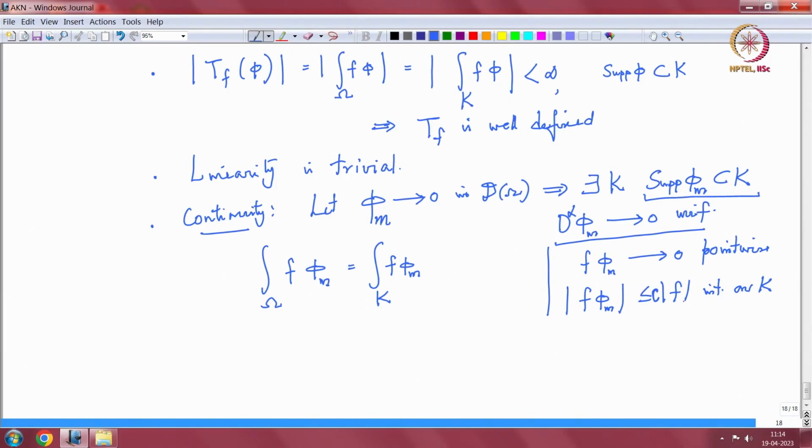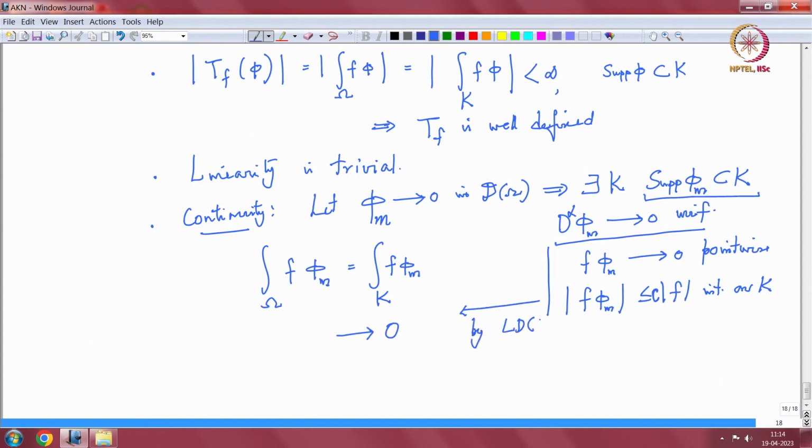This is fine. So, you have an estimate by an integrable function, and then you can apply some convergence theorem like the Lebesgue dominated convergence theorem. So, this immediately implies this goes to 0 by the Lebesgue dominated convergence theorem.